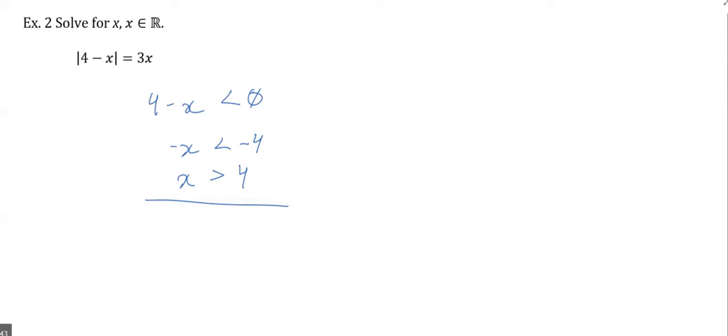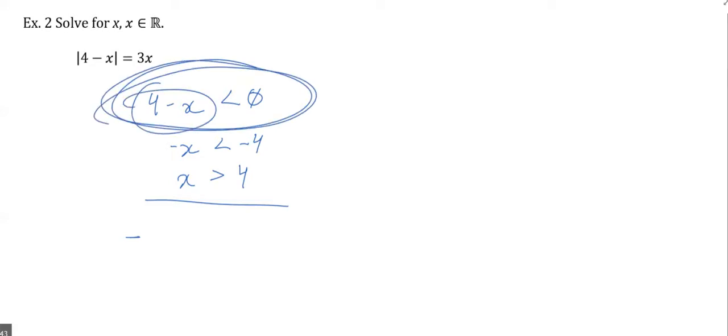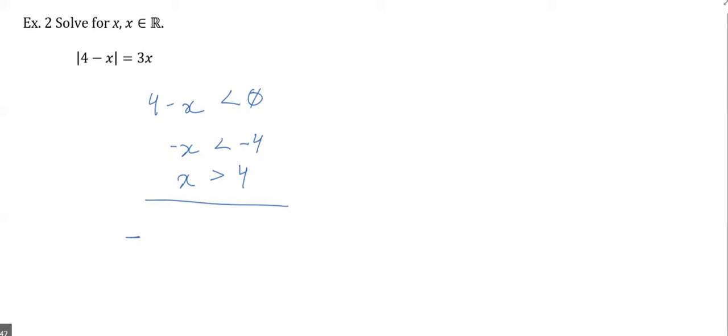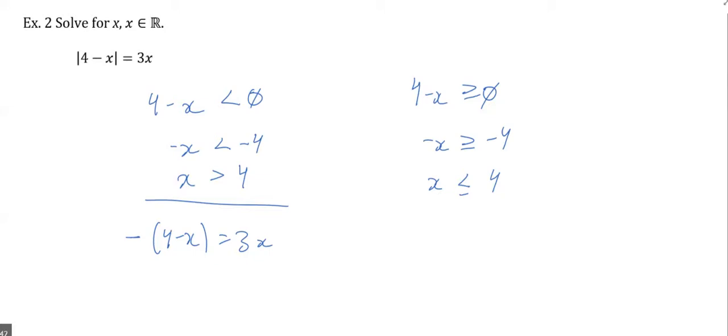When x is greater than +4, I'm using the negative because I started with the case where the argument is less than 0, and I'm going to solve that equation. And when 4 minus x is greater than or equal to 0, which is when negative x is greater than or equal to -4, which is when x is less than or equal to +4, I'm going to solve this equation.